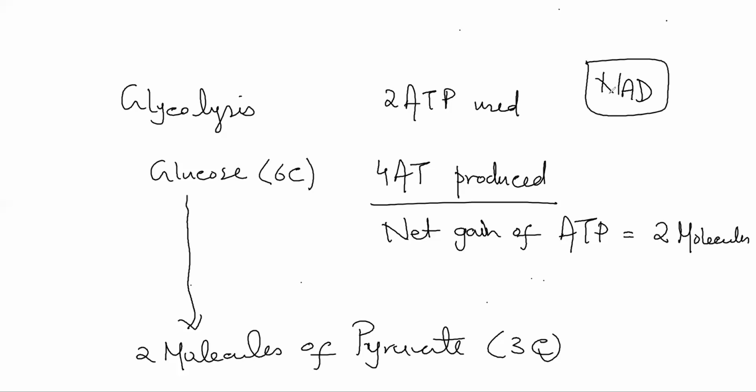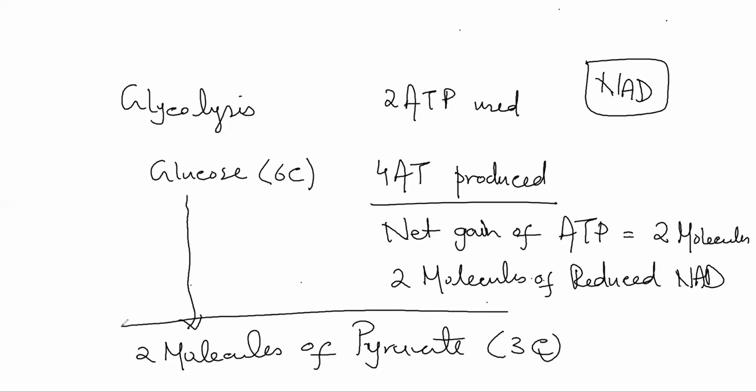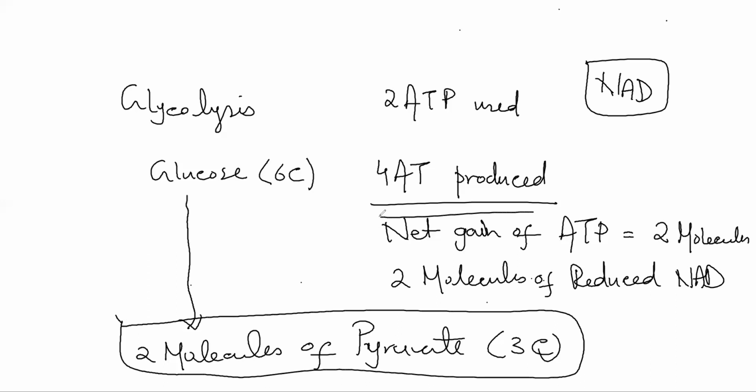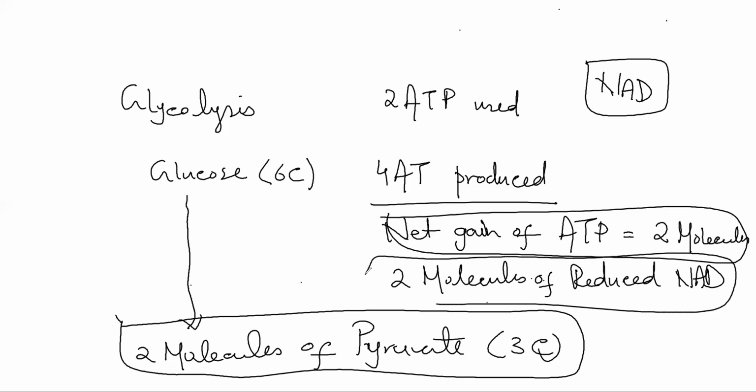We will talk about it later on. Two molecules of reduced NAD are produced. So these were the products of glycolysis: two molecules of pyruvate, two molecules of ATP, and two molecules of reduced NAD.